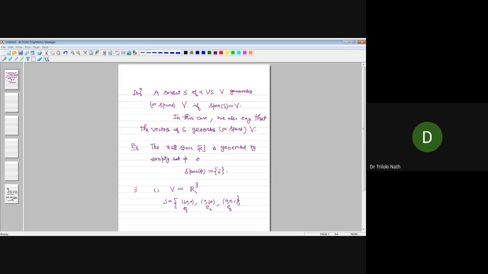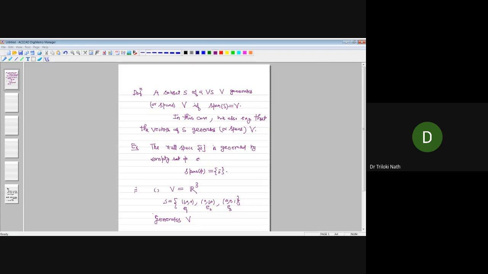So these three vectors actually generate V. This set generates the whole space V. So how to prove this?